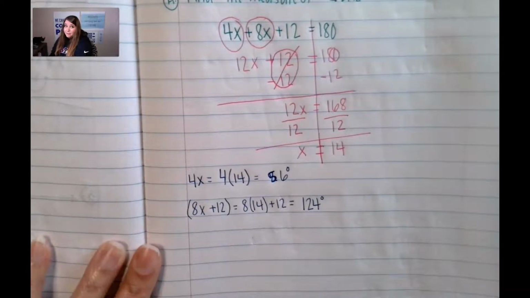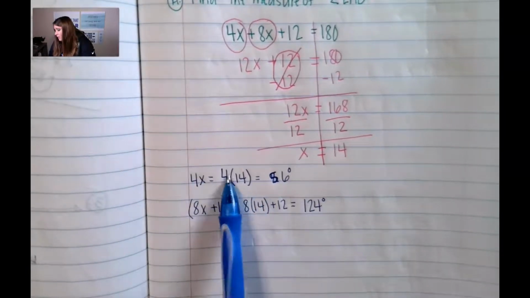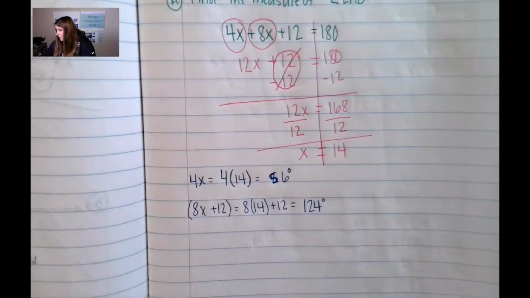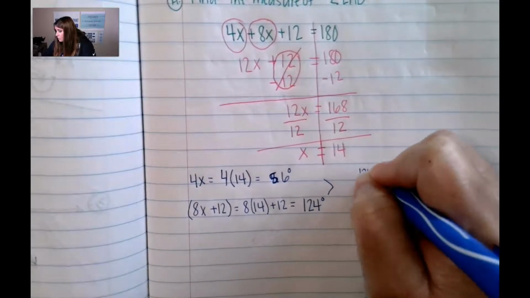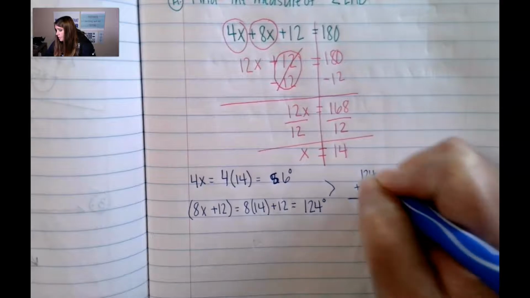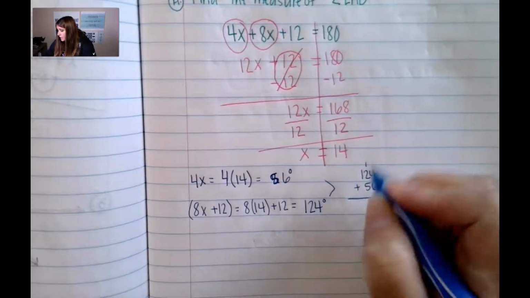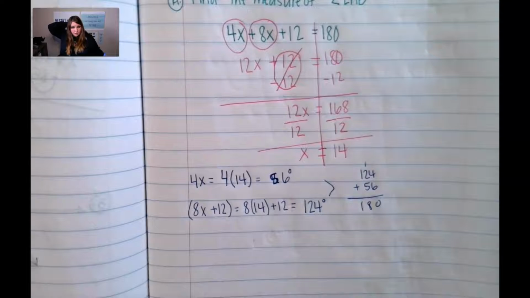Okay, so 4 and 1 is 5, so 56. And now when we add these two together, we should actually get 124 plus 56, which should give us 180 degrees.